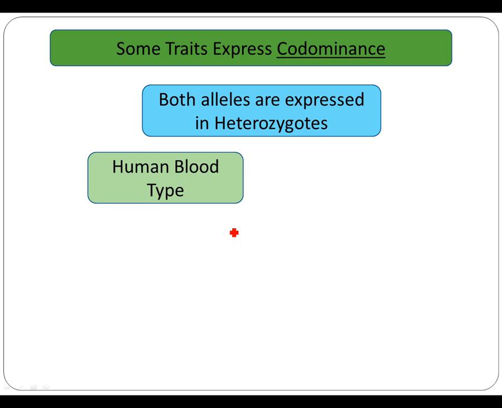A more prominent example of codominance is in human blood type. Do you know the types of blood that we have? A, B, and O. Okay, so in that case you can even have A and B. I don't know about the rarity, but AB is only about 4% of the population.